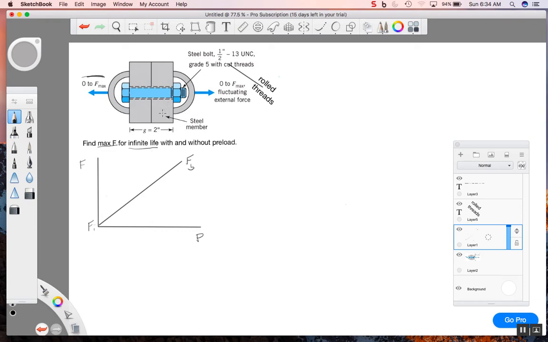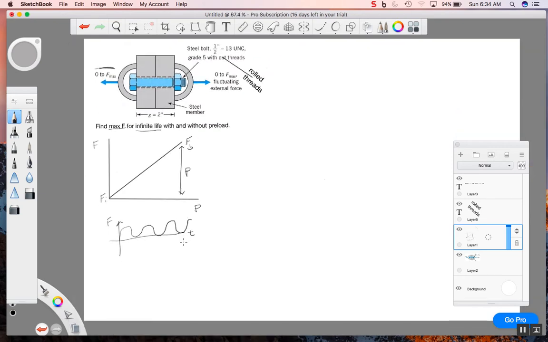I'm going to go from loaded to unloaded, loaded to unloaded, loaded to unloaded. In other words, this whole distance here winds up being P. If I make a sketch of that, it looks a little bit like this, which you saw in the exam, if I plot time versus force.